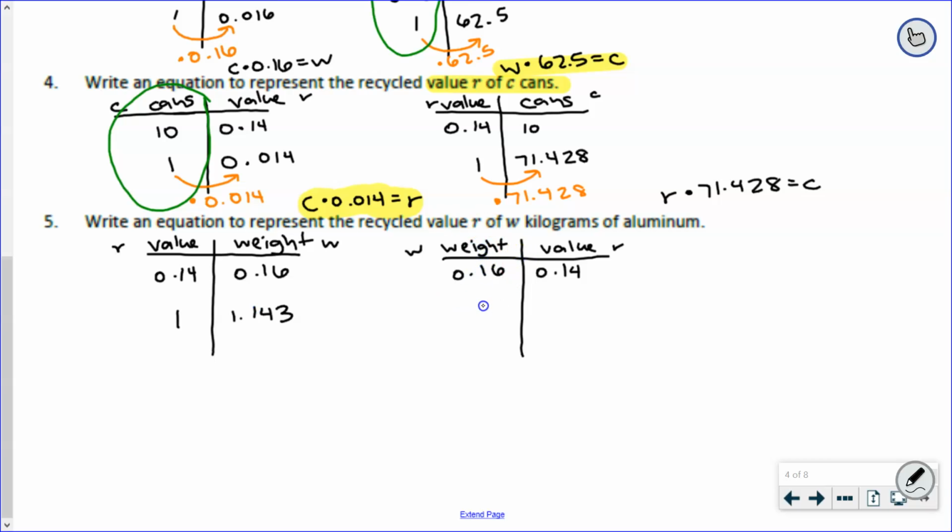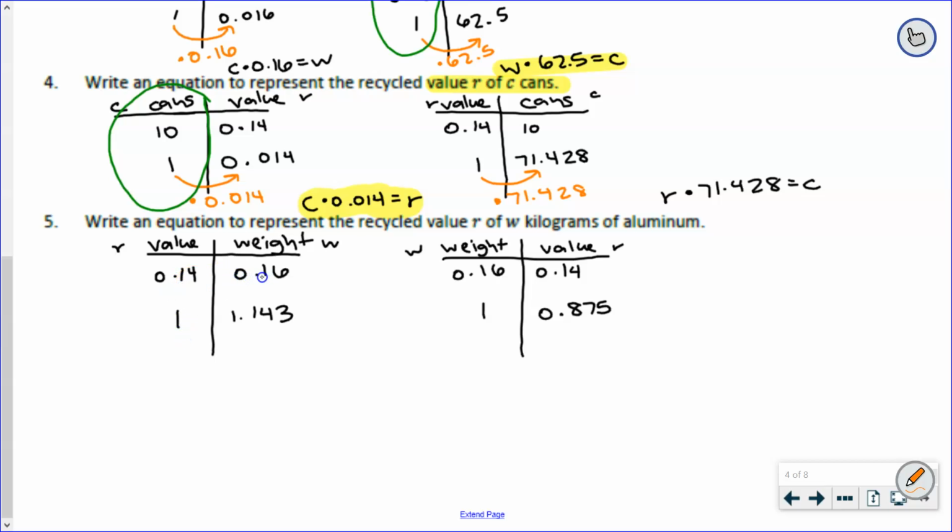If I'm changing the weight into 1, so for just 1 kilogram, dividing by 0.16, 0.14 divided by 0.16. Thank you for those quick calculations, Seth. So 0.875? Great.